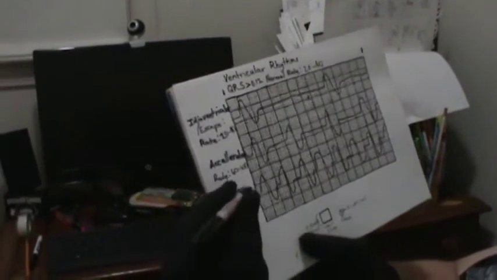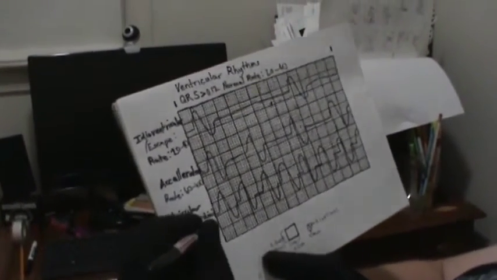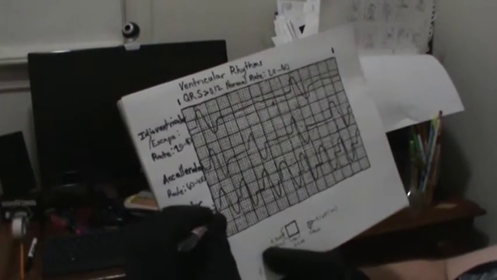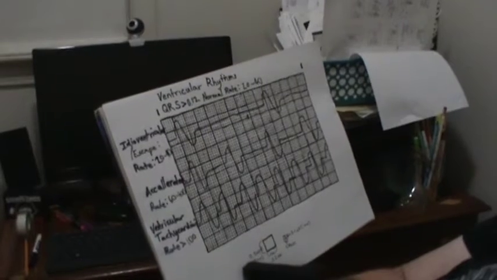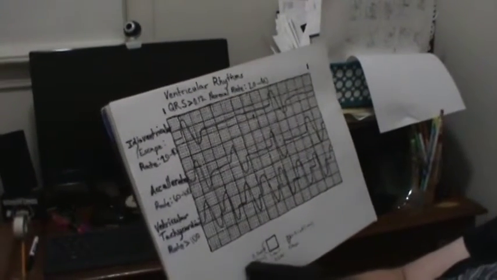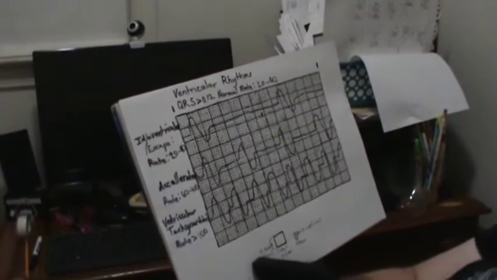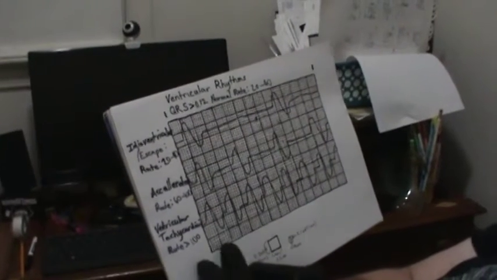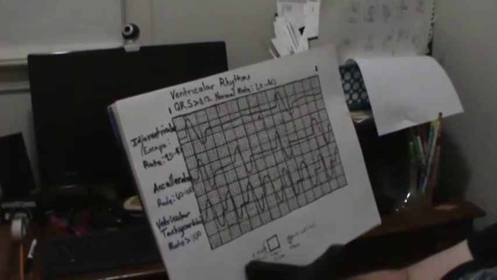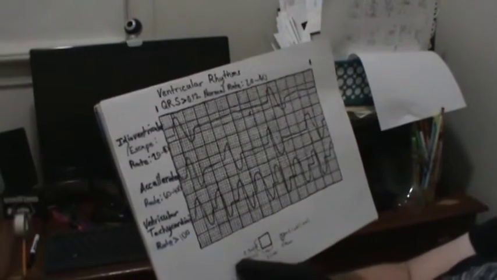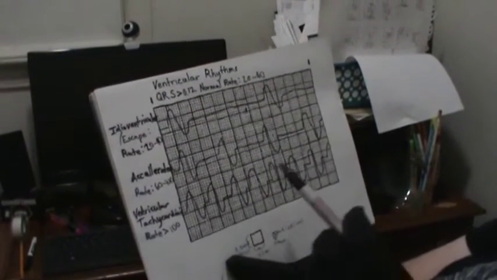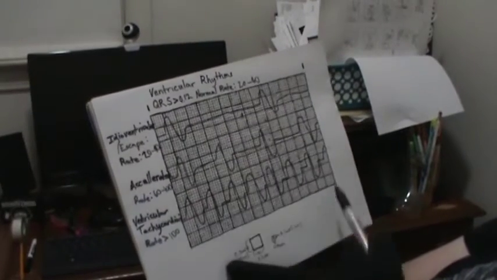A ventricular tachycardia is classified as any rate with a ventricular rhythm over 100, or according to some textbooks, 120. However, for simplicity's sake, again, I'm going to go with a standard of anything over a rate of 100 is considered tachycardia.